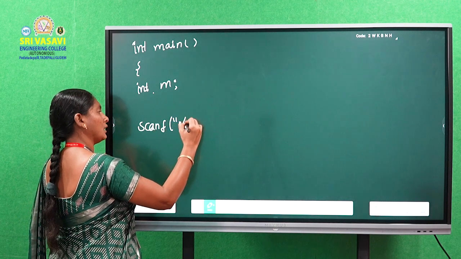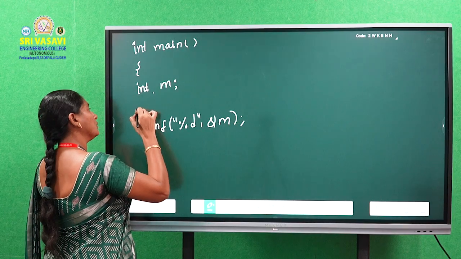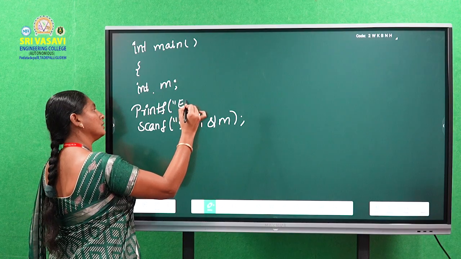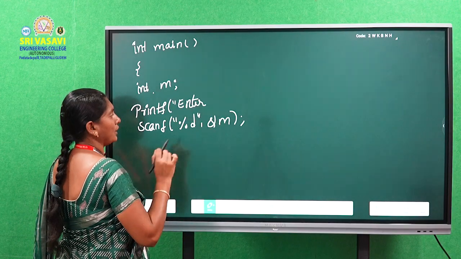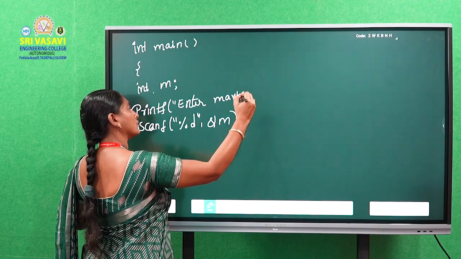By using scanf with percentage d comma &m. Before this we will include one printf to tell the user to enter marks.